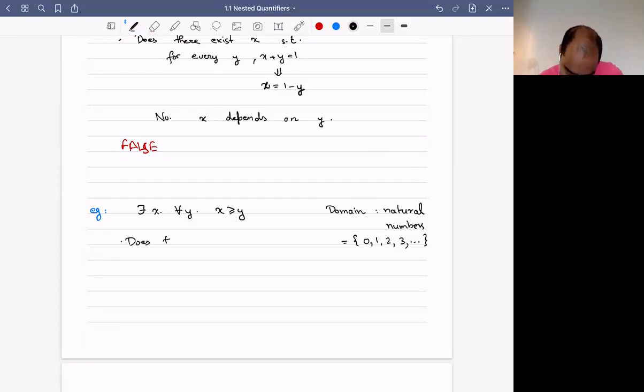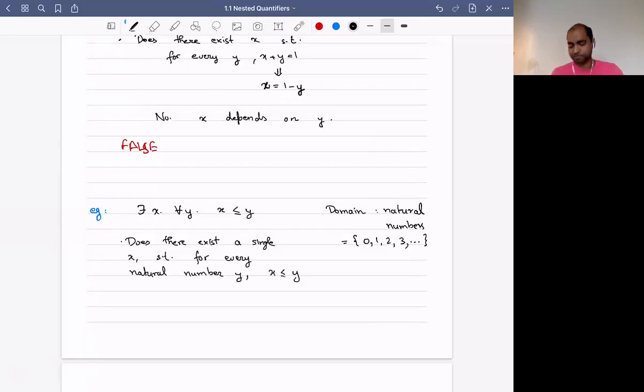Oops, let me change the problem slightly: x less than or equal to y. Does there exist a single natural number x such that for every natural number y, x is less than or equal to y? It's just asking, is there a smallest natural number?